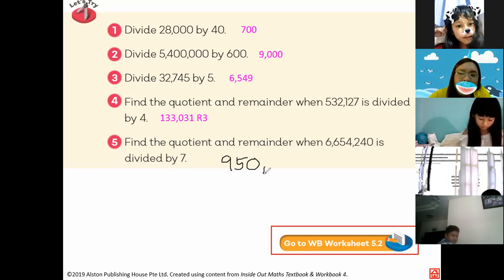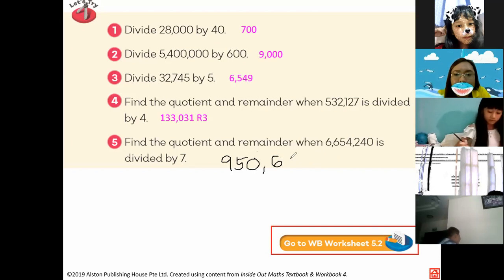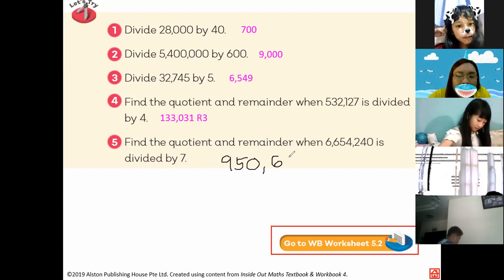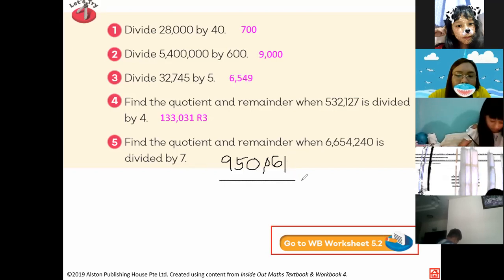Okay, and then what's the next number? 61. 950,061. Correct? Yes. This one is wrong.